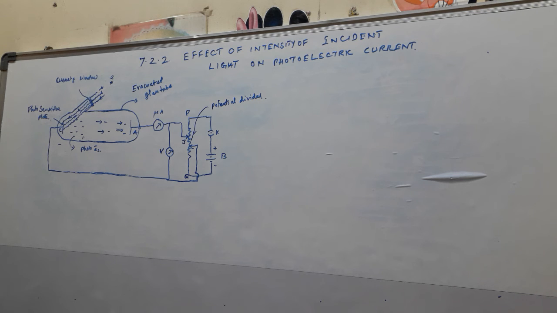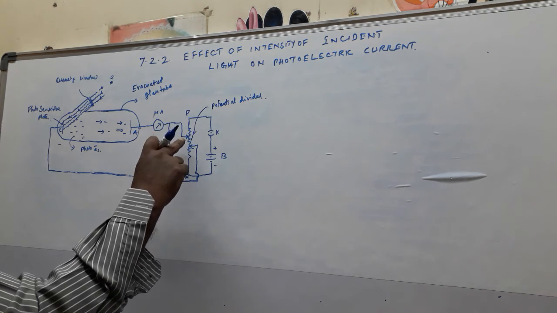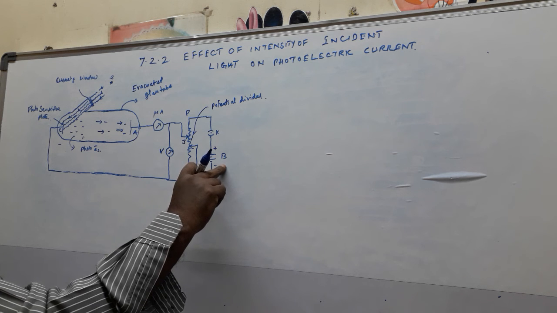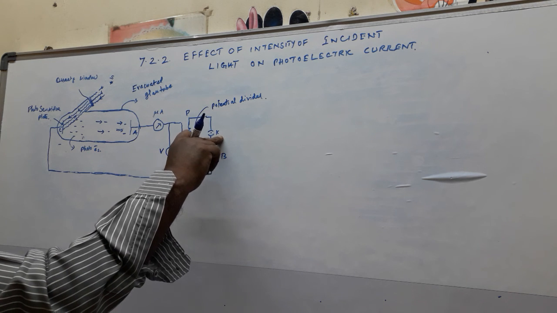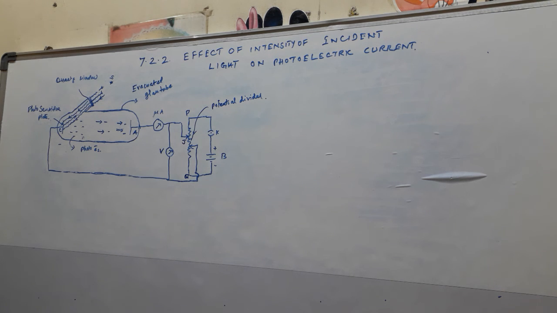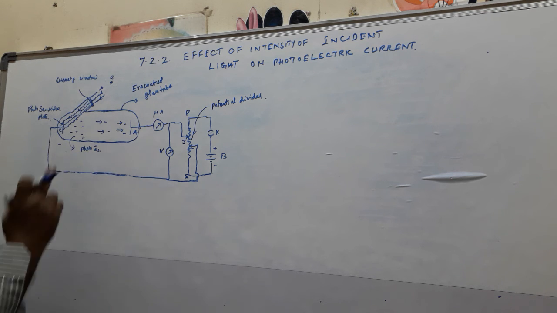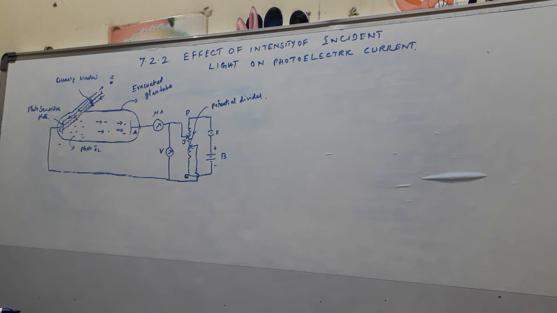Now we have to consider a potential divider which is connected with the high tension battery P through the key K. By this instrument, we keep the voltage between cathode and anode with the help of this potential divider.